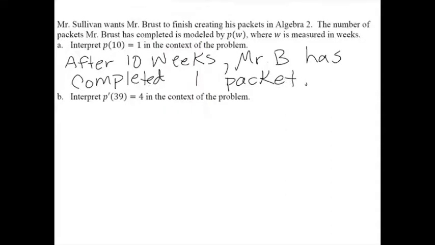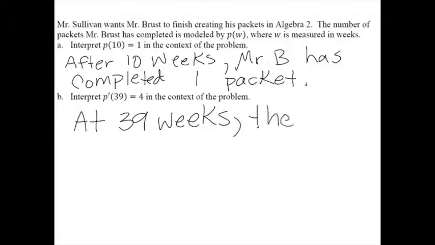But now in part B, you have P prime of 39 equals 4. So now our time is 39 weeks. The rate. Now we're talking about a rate because we're talking about the first derivative.